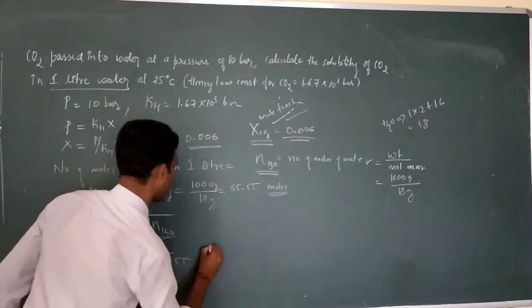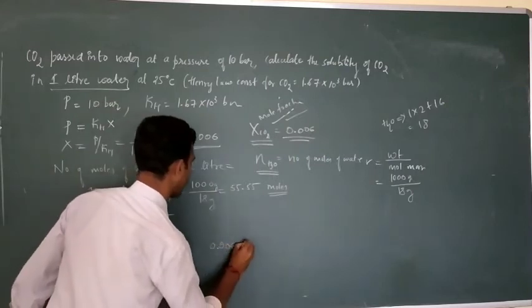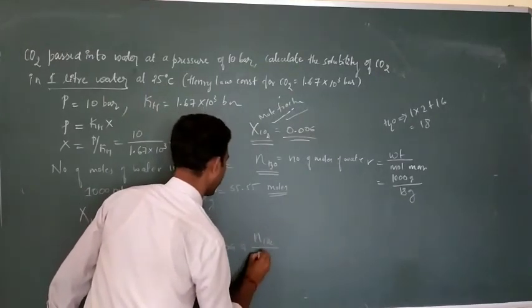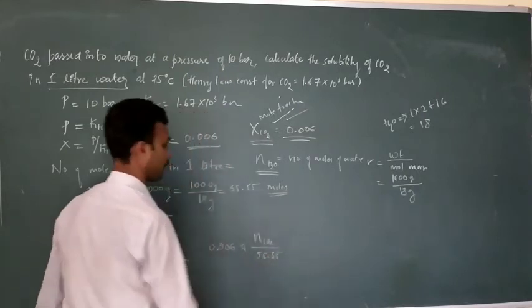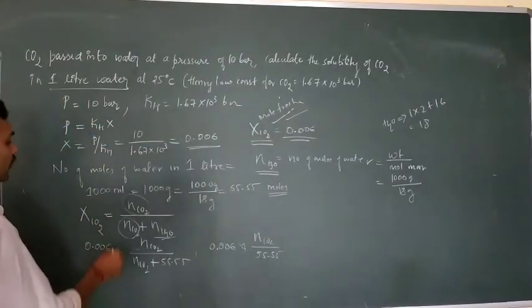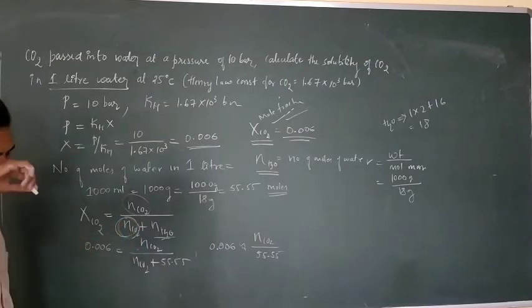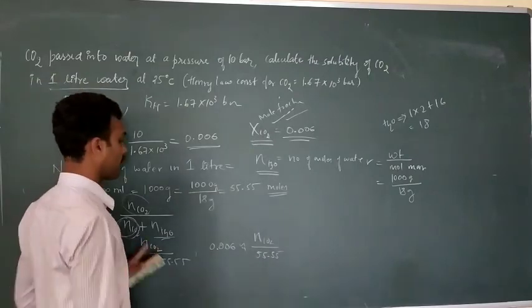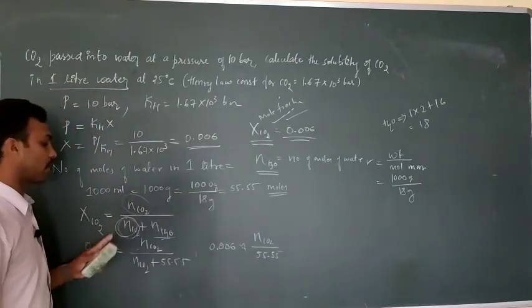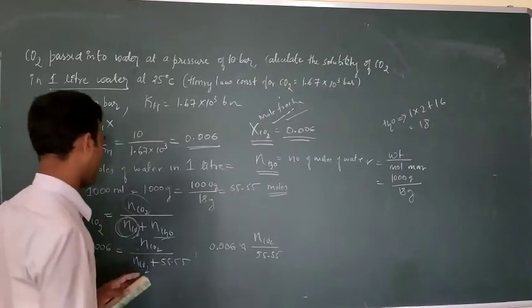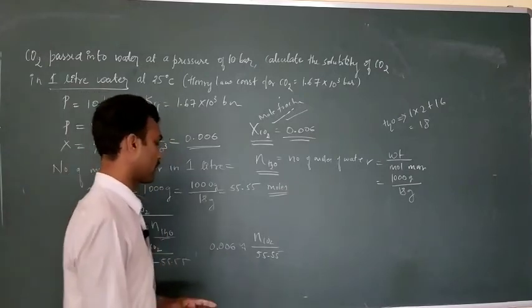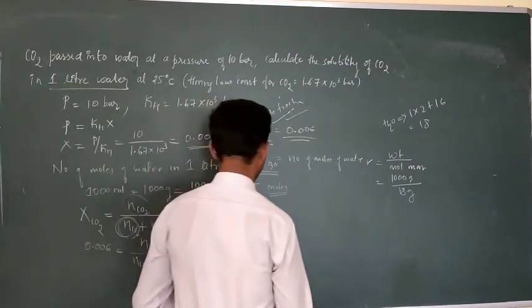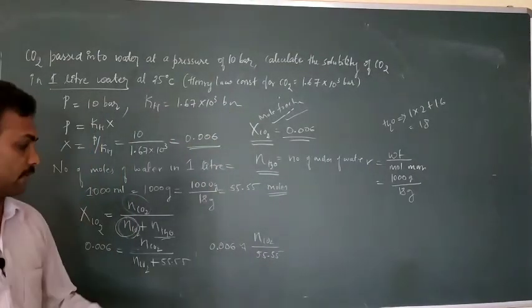So this equation becomes 0.006, nearly equal to the number of moles of carbon dioxide divided by 55.55, right.